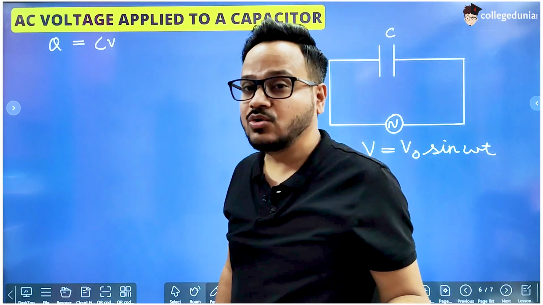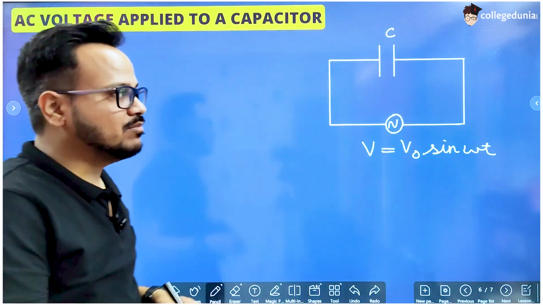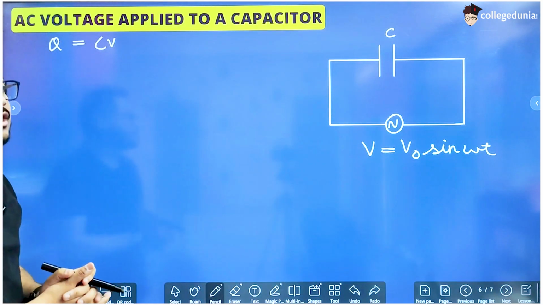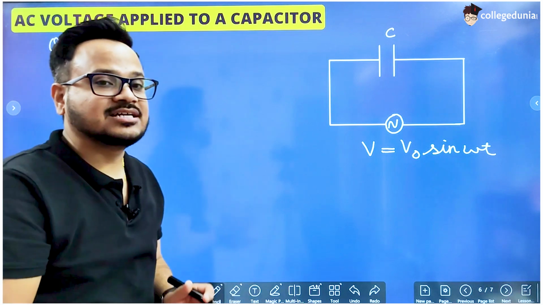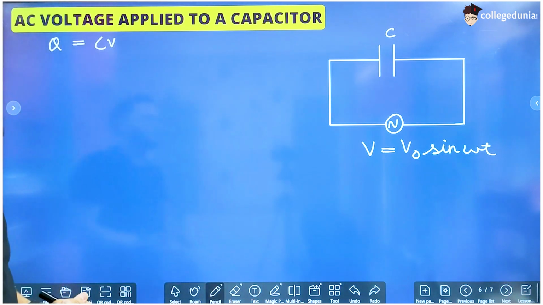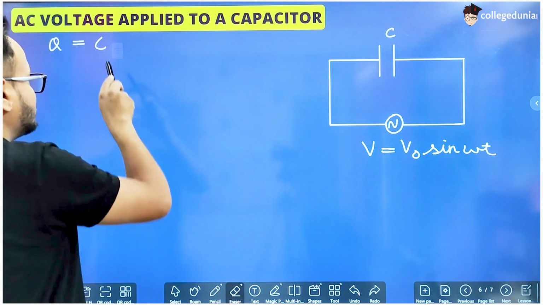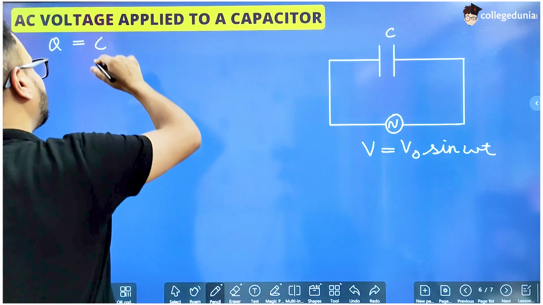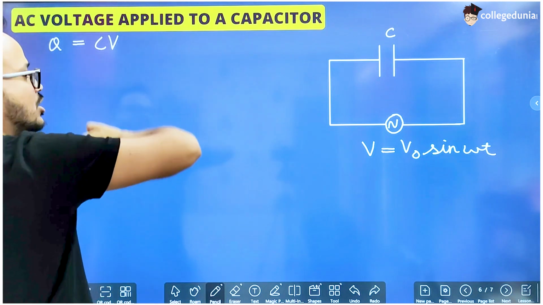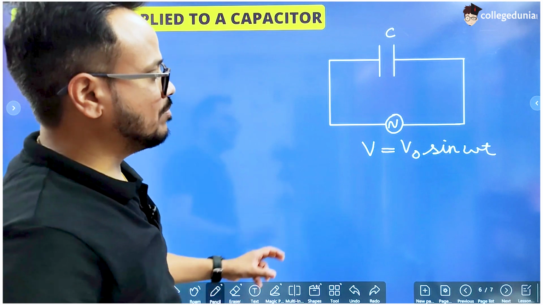I am assuming that you have seen the lectures before this one, because you will understand the concept only if you see all these lectures in order. If you have not seen those lectures, you are going to find some difficulty, but I'll try to make you understand things a little better.